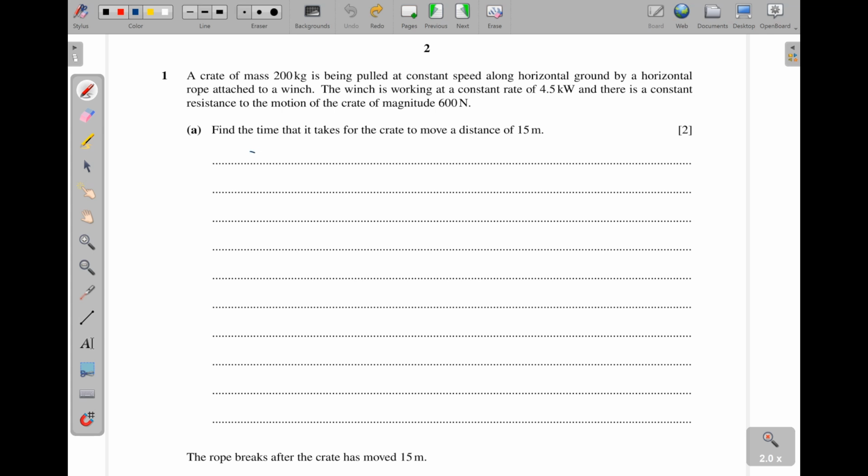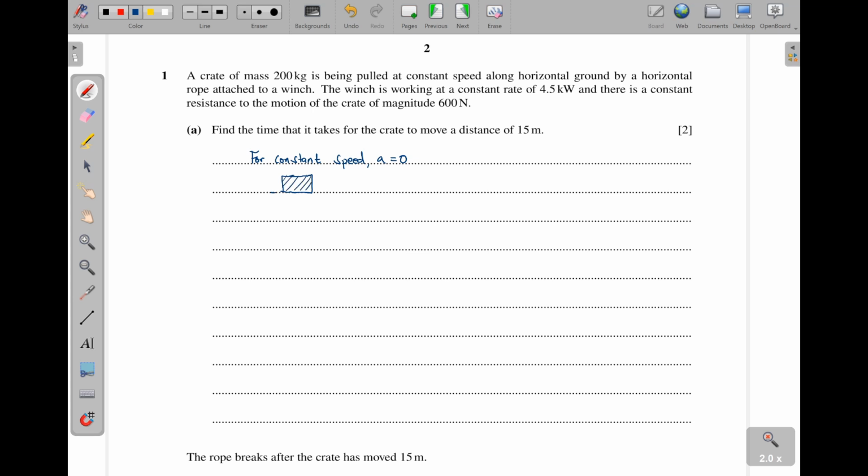First of all, for constant speed, acceleration is equal to 0. I'm going to show you two ways you can do this. If this is, let's say, the crate, let me just represent it with this.